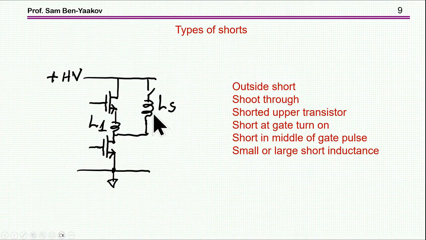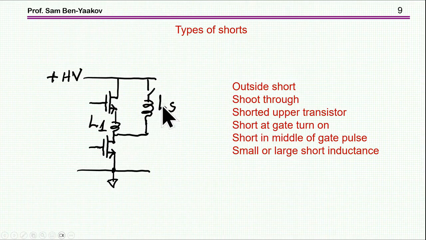I'm showing an inductance, not because there is an inductor, just to emphasize that any wire will have inductance to it. And as it turns out, the inductance makes a big difference of the voltage across the transistor during this short period or episode.